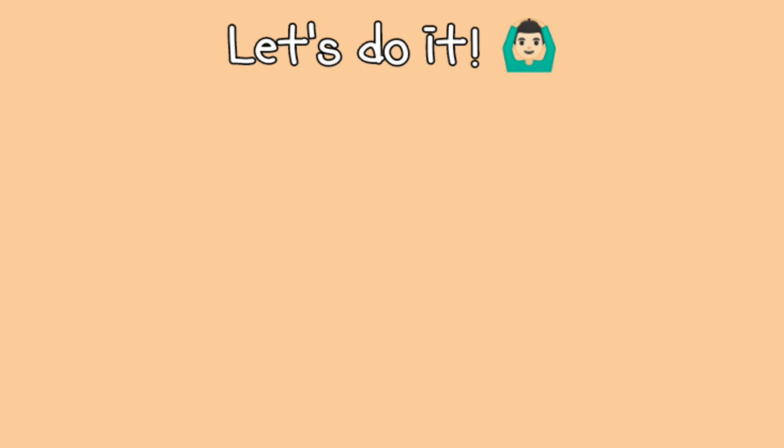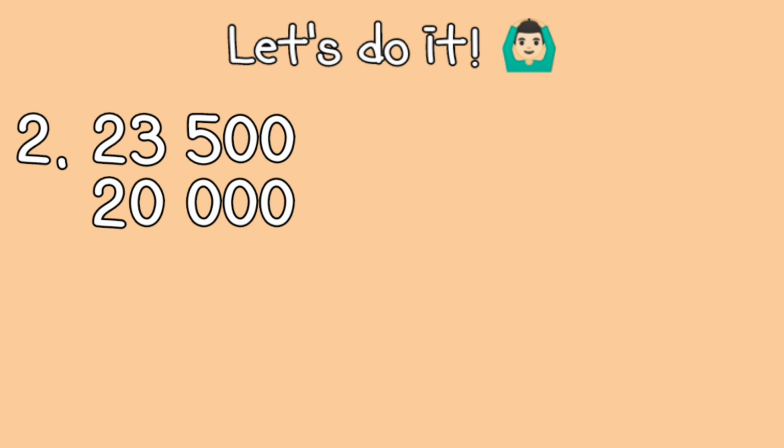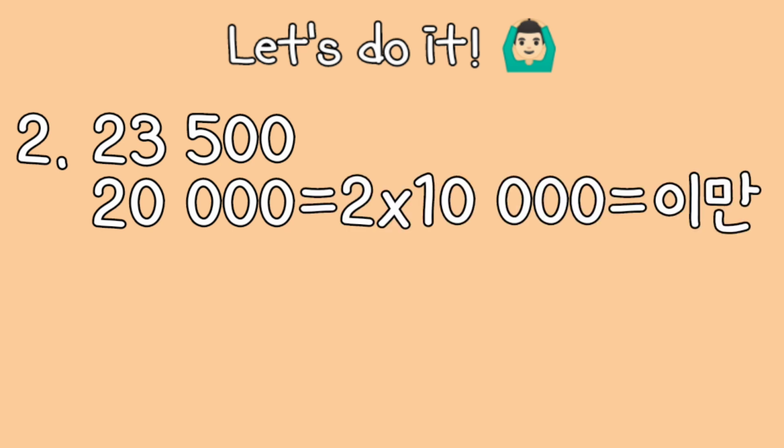Number 2, we have 23,500. The largest number here is 20,000. In 20,000, we have 2 times 10,000. So 2 is E, 10,000 is man. So we have E-man.